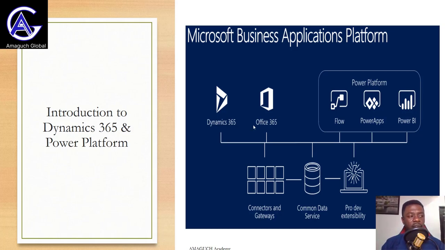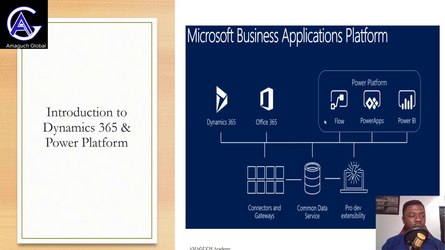Then we also have Office 365, which covers your Outlook, your email, Microsoft Word, PowerPoint, and all the other fun stuff. Then we have the Power Platform end, which covers the flows, which we'll be looking at in detail in our subsequent module. We have Flow, we have Power Apps, we have Power BI. These three make up the Power Platform interface and section of the business application.